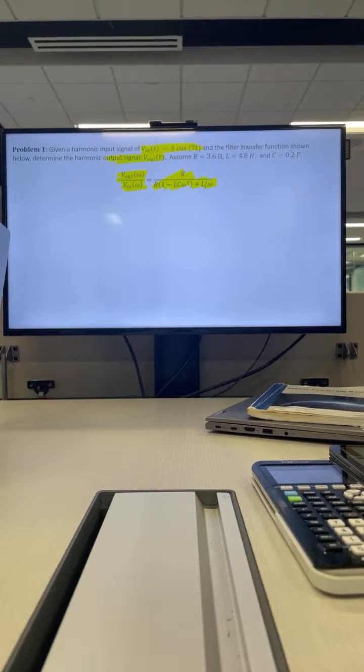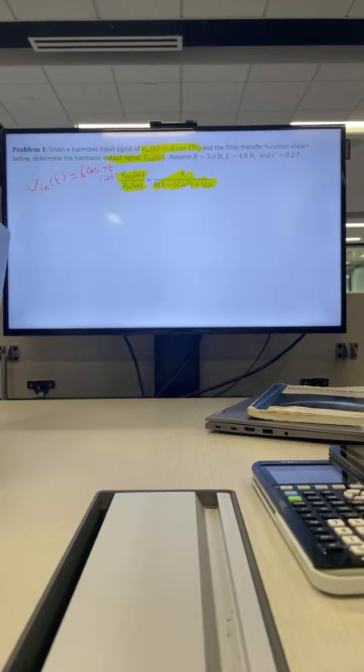Just now I told you what things you have to calculate. Amplitude is going to change. So V in of t is equal to 6 cos 7t, that is a cos omega t here, where the angular frequency omega is 7.